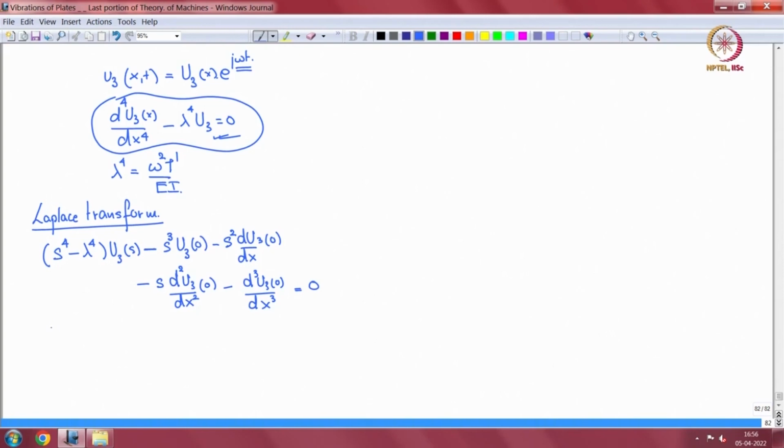So if we now pull out u3 of s, we get 1 over s4 minus lambda 4 times: s cube u3 at 0, plus s square du3 by dx at 0, plus s d2u3 by dx square at 0, plus d3u3 by dx cube at 0.